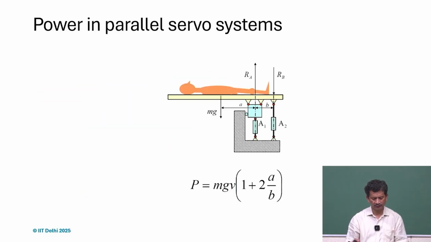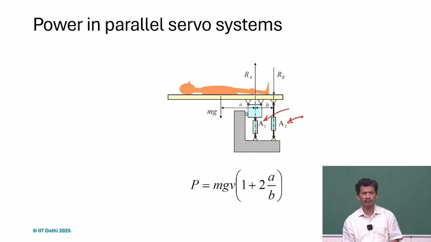But the actuator, only one actuator, is only taking care of the vertical lift. In the other case, you have two actuations, and one may think, yes, this may be a better design because you have two actuators and it can distribute.